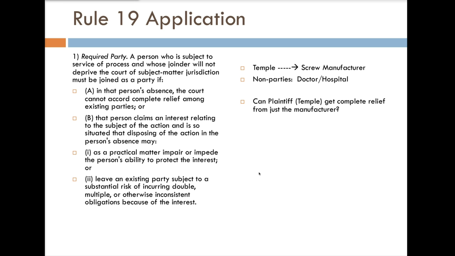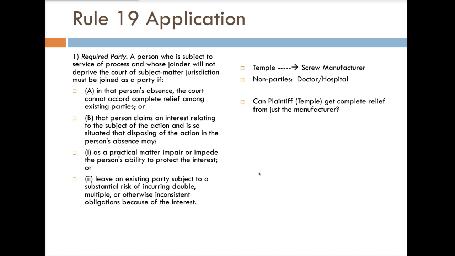Now, even if there are other joint tortfeasors, they can thereafter sue the other joint tortfeasors for contribution. Alternatively, they could also implead one of the tortfeasors under Rule 14. But in terms of the question whether the plaintiff can get complete relief, the short answer is yes, the plaintiff can get complete relief from just the manufacturer.